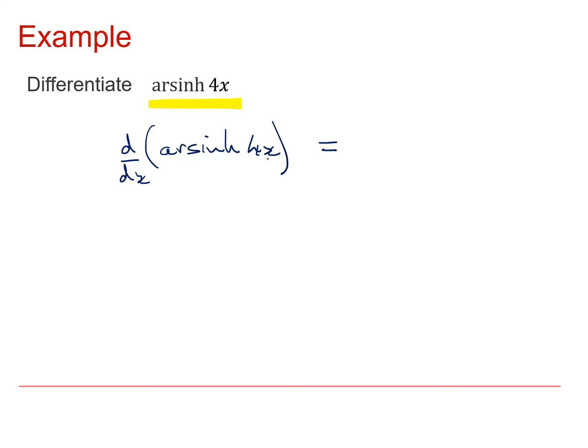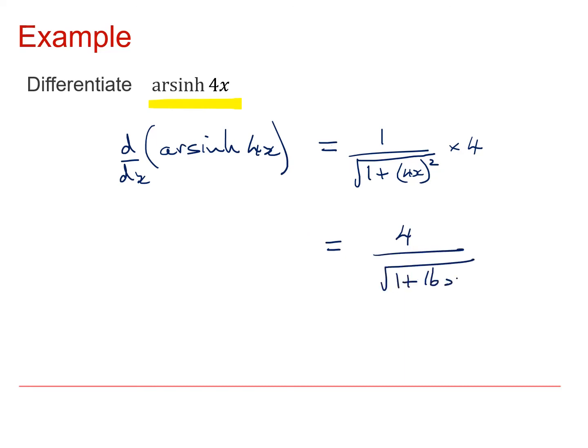Now my x thing is 4x, so I'm going to get 1 over the square root of 1 plus 4x squared, and then times the derivative, which is just times 4, the derivative of 4x. And this then tidies up to 4 over the square root of 1 plus 16x squared.